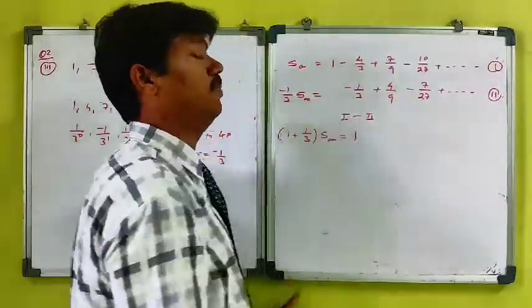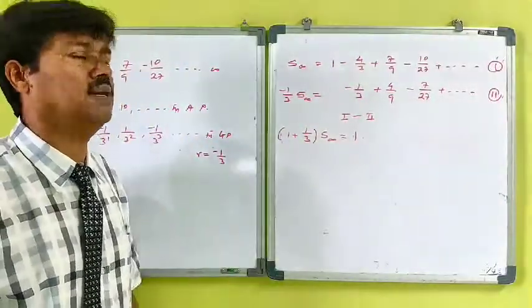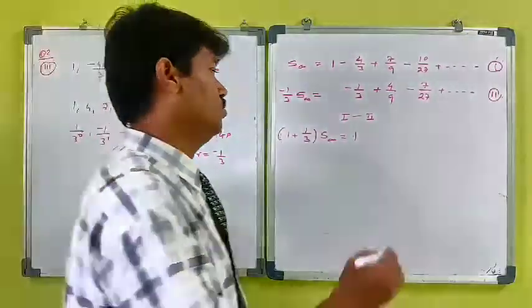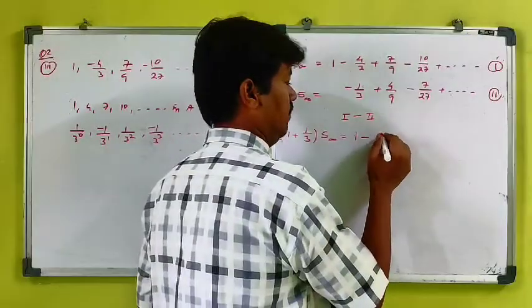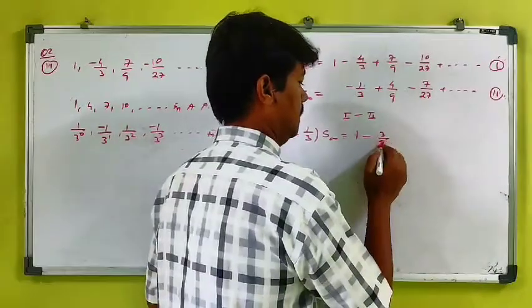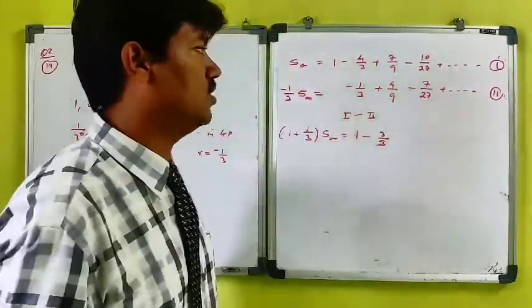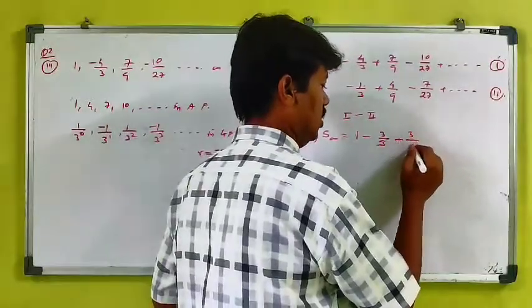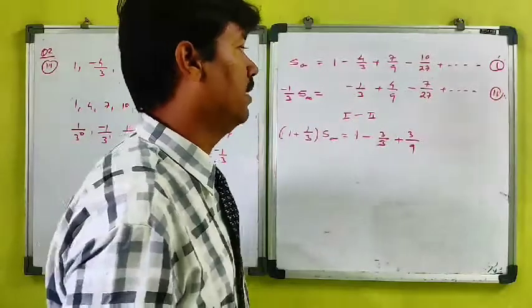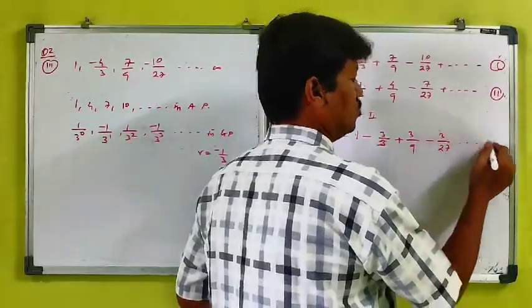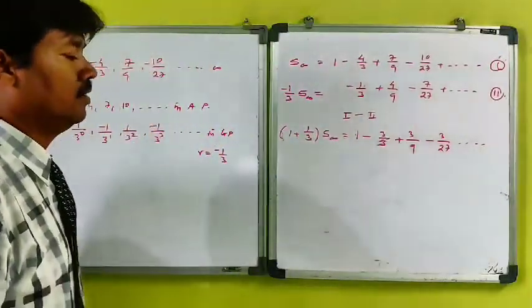Here minus 4 by 3 plus 1 by 3 is minus 3 by 3. So it is minus 3 upon 3. The next is 7 minus 4, which is 3 upon 9. Then minus 3 upon 27. So it is like this.